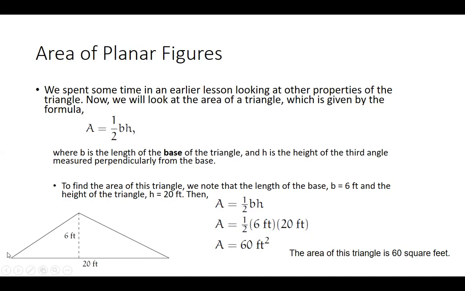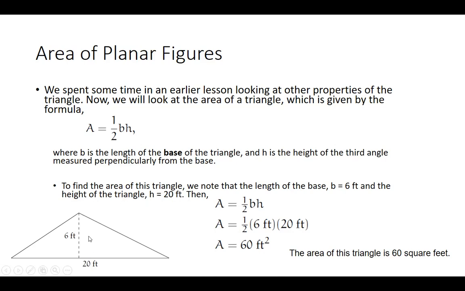To find the area of this triangle here, we note that the length of the base, B, is 6 feet, and the height of the triangle, H, is 20 feet. Or you might say that the base is 20 feet and the height is 6 feet.